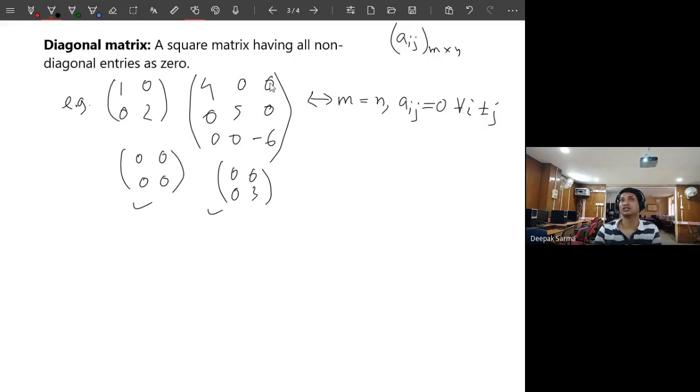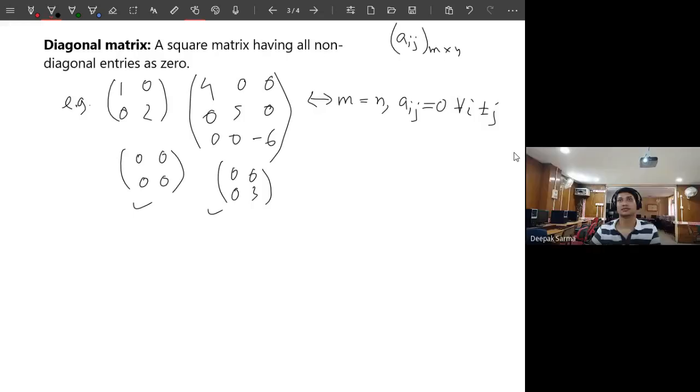So here it is 1 2. Here it is 1 3. So only for diagonal entries, i and j are the same. If i and j are not the same, it means an off-diagonal or non-diagonal entry. So off-diagonal entries are 0. It means for i not equal to j, the corresponding element, that is aij, should be 0. Any confusion?